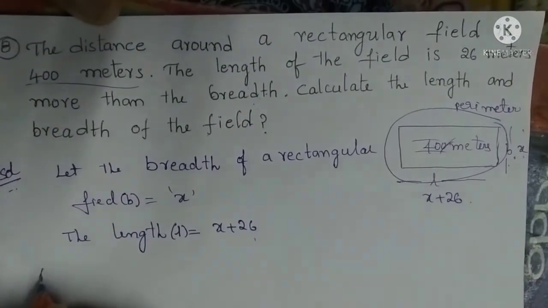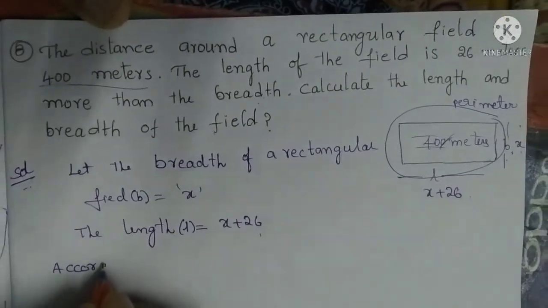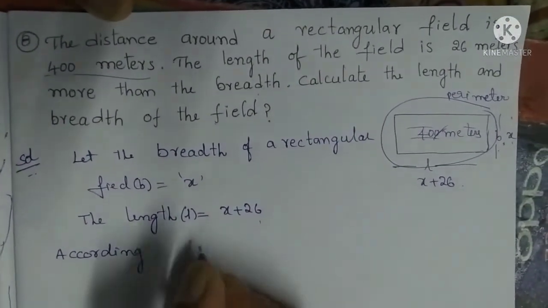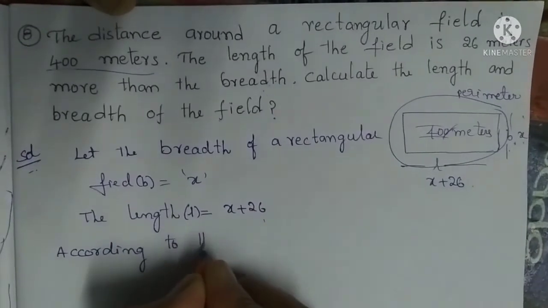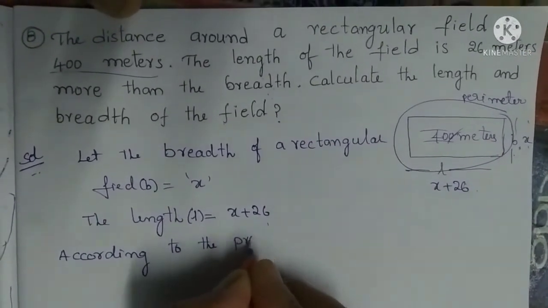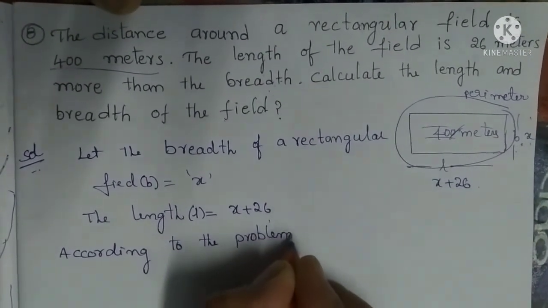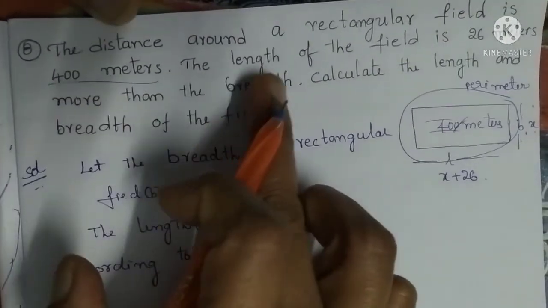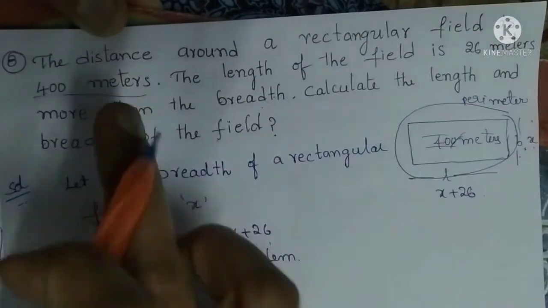Now, according to the problem, the distance around a rectangular field is 400 meters.